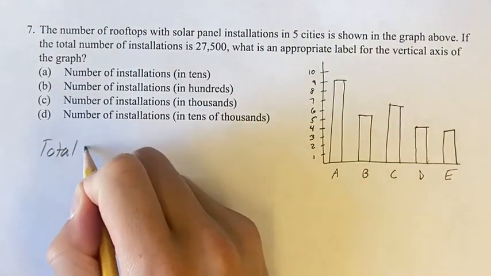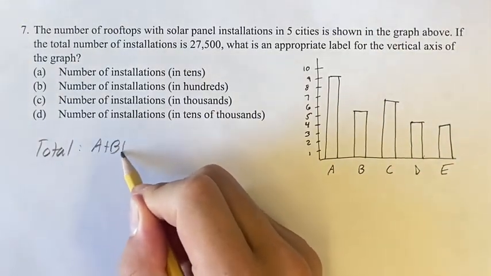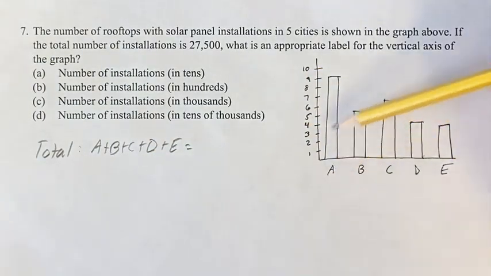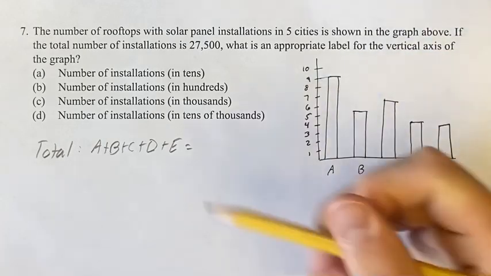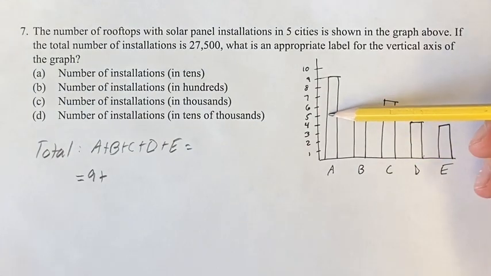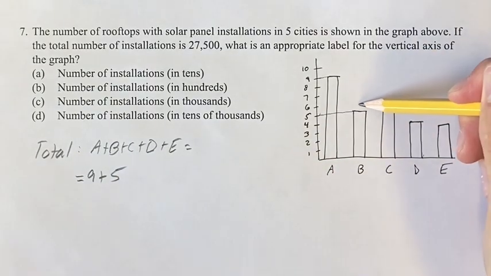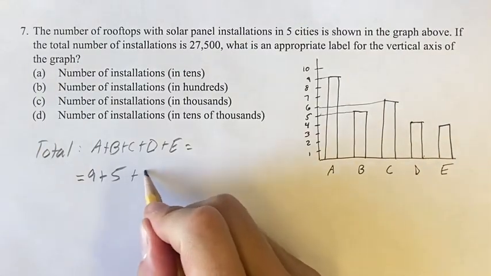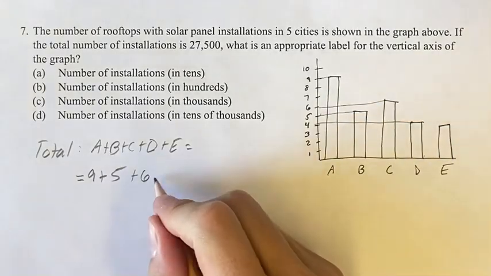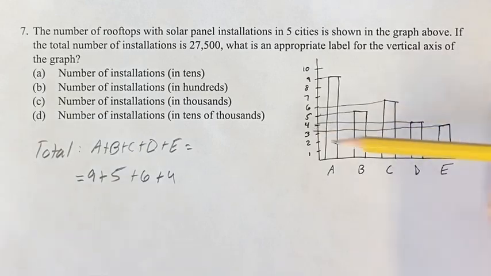So our total under these rules would be A plus B plus C plus D plus E. That's going to be equal to, so for A, we have up here, which correlates to 9, plus B, dragging this over, we have 5, C is going to come out to 6, D is going to be 4, and E is going to be 3.5.